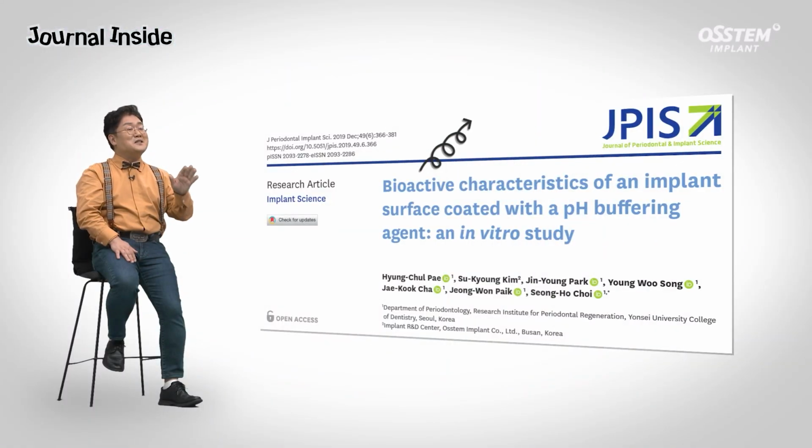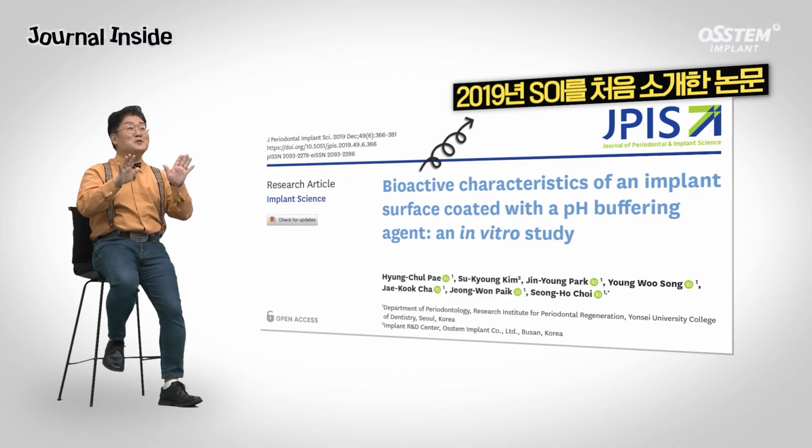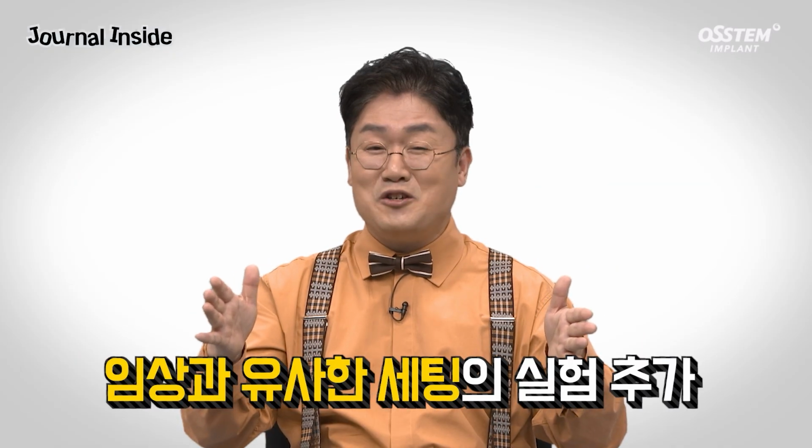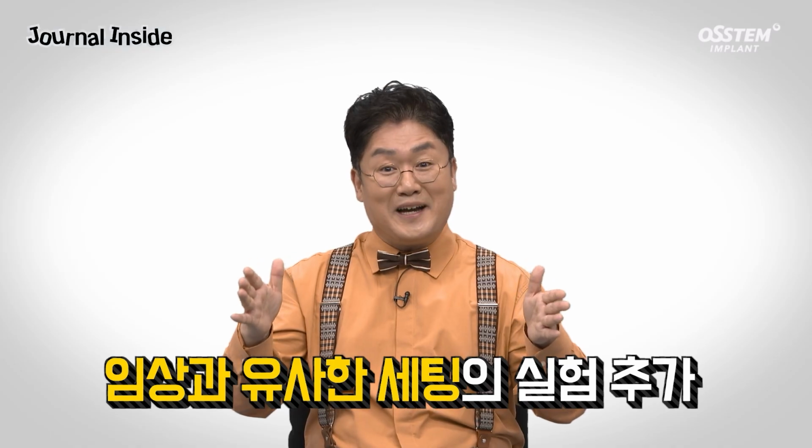This study delved into the initial paper that first introduced Soy in 2019 and added experiments so that the settings can be similar to the actual clinical environment, making the paper more meaningful. The final conclusion.